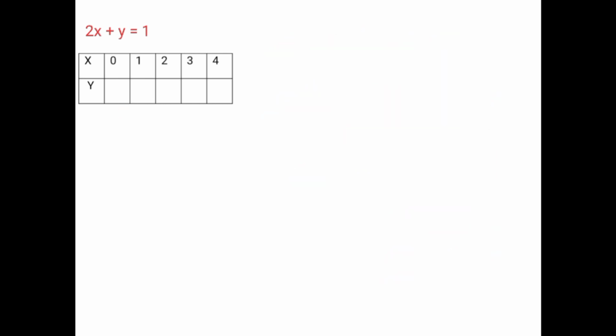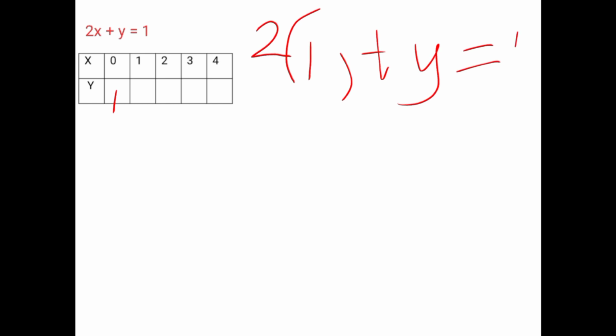Second, if the value of x is 1, what will be the value of y? Same process, we substitute x by 1. 2 times 1 plus y equals 1. What is 2 times 1? That is 2 plus y equals 1.